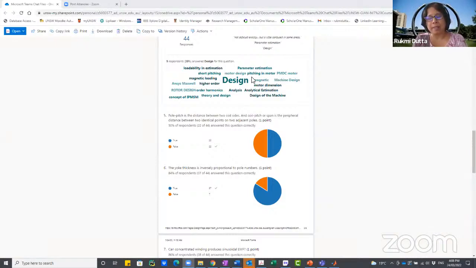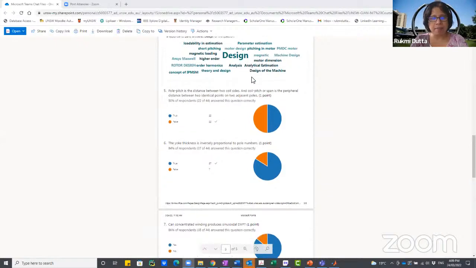I'm hoping that today, after the tutorial, which is again going to be on the FE software, first half at least, you will have a little more understanding. And by the end of this course, you will have more understanding about electric machine design.